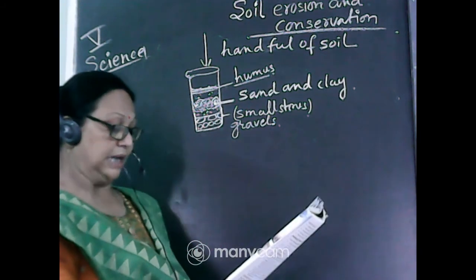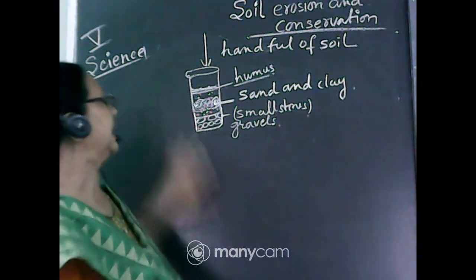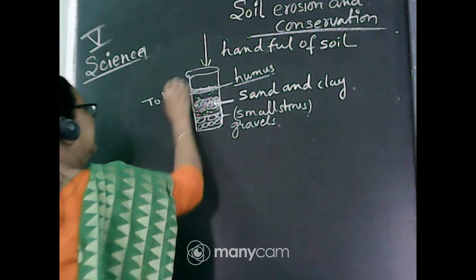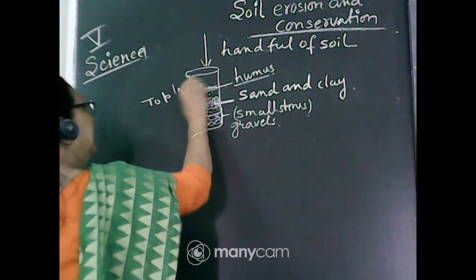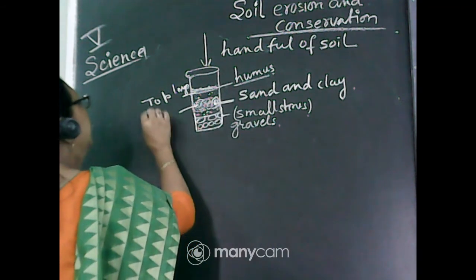Now we can observe there are different layers. This is the first layer, or you can say the top layer. The second one is the sand and clay.